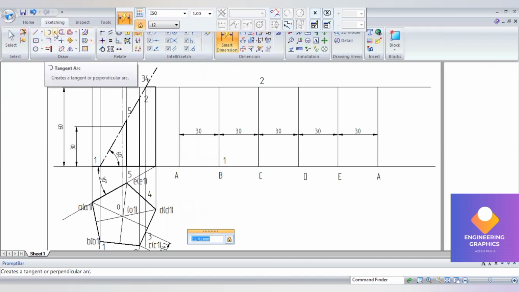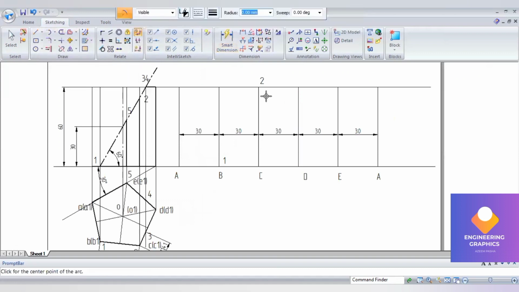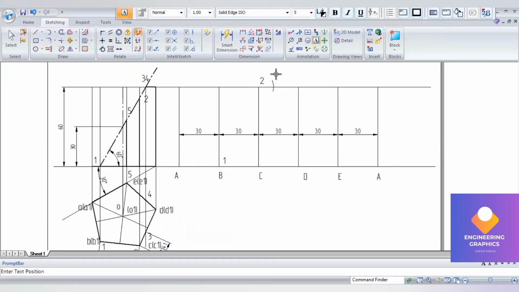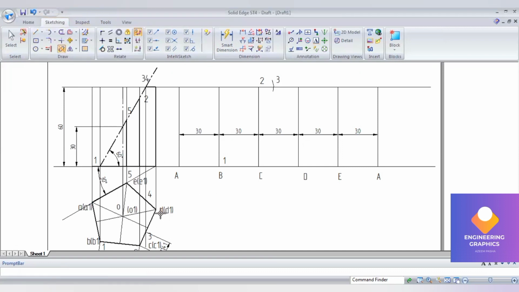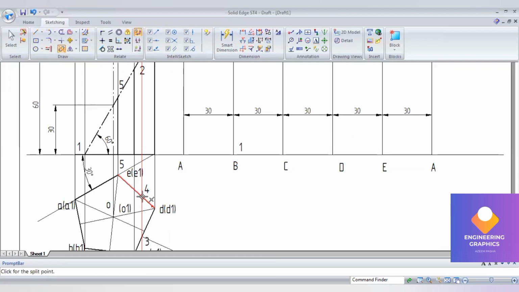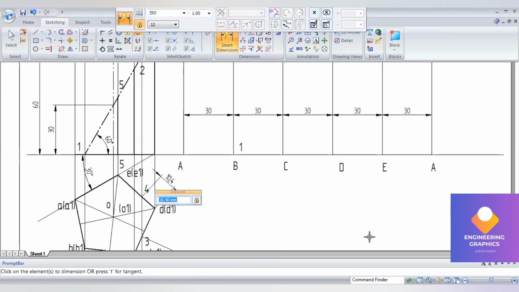So go to arc by center, measure from the C vertical edge, give the length 11.41 and cut the arc. Okay, this is your point number 3. Then from that vertical edge, from DD1, it is at a distance of 10.4.